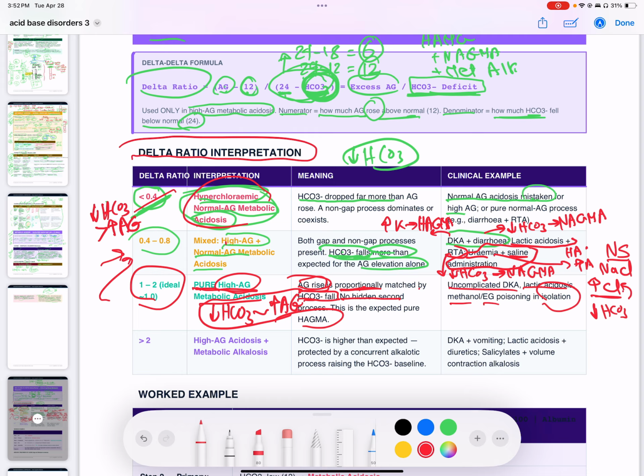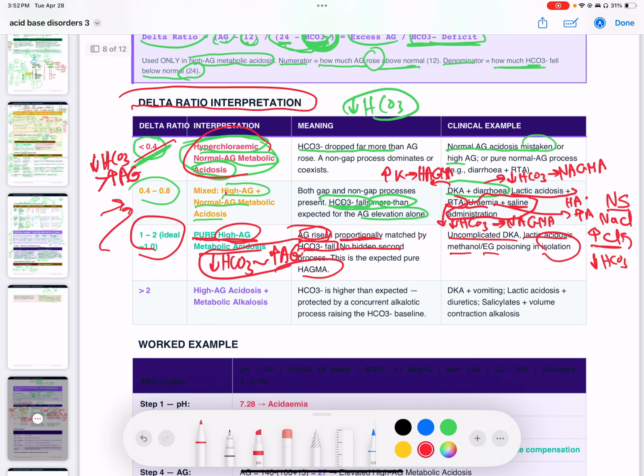The fourth interpretation for the delta ratio: you have a delta ratio more than 2. Sorry, the delta ratio more than 2. And in this case, you have high anion gap acidosis, but also you have metabolic alkalosis. And what does this mean?